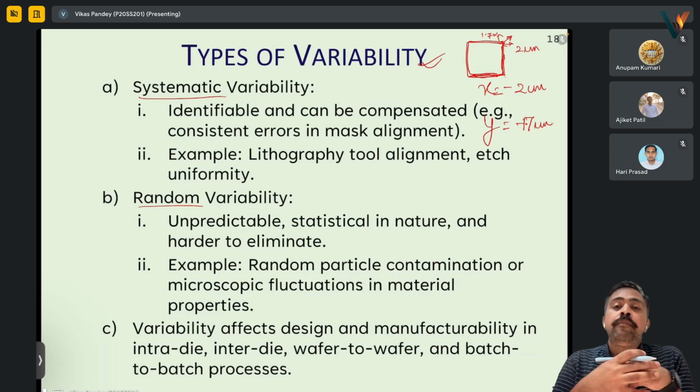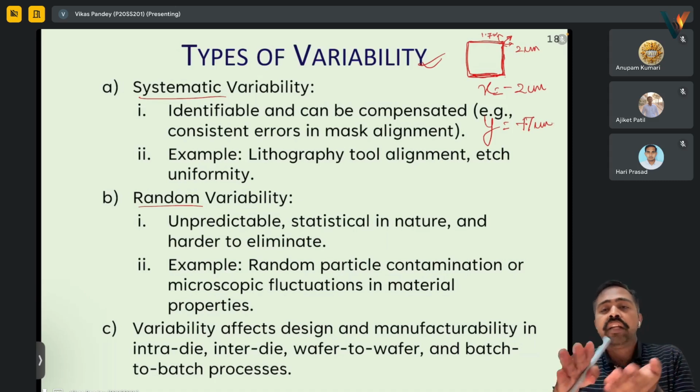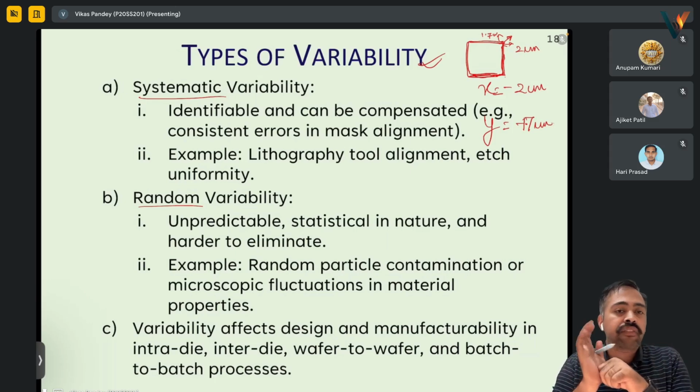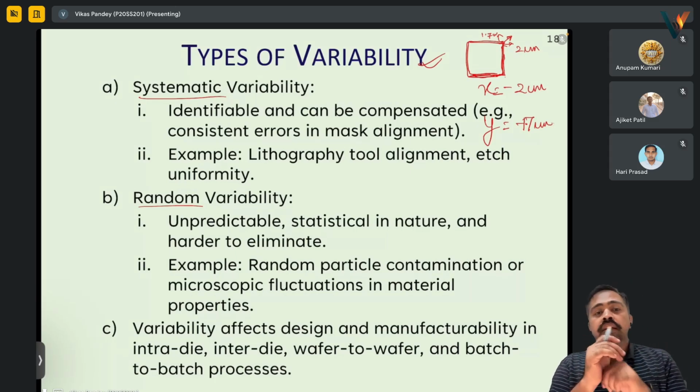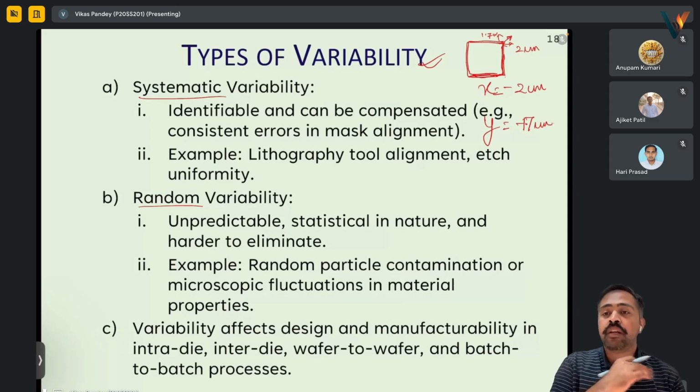That means in a sense a systematic thing, where the variation is fixed or defined, or where we can identify it. Second is random variability, which is unpredictable. It can happen this time, next time it might not happen.